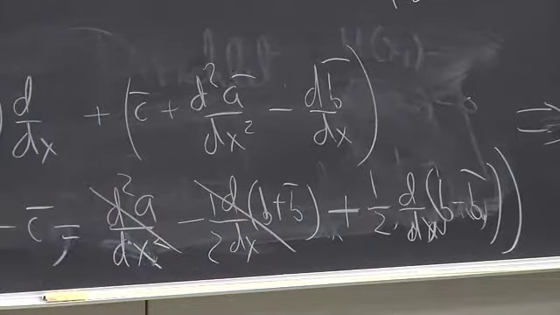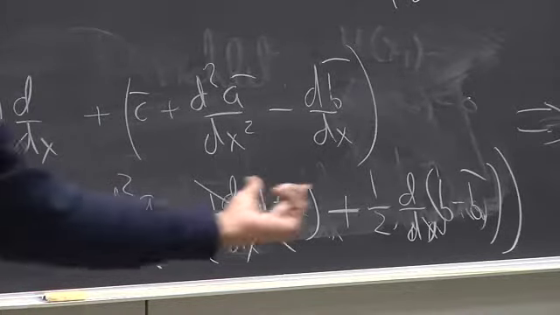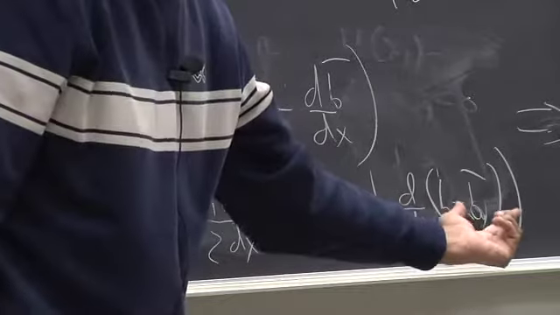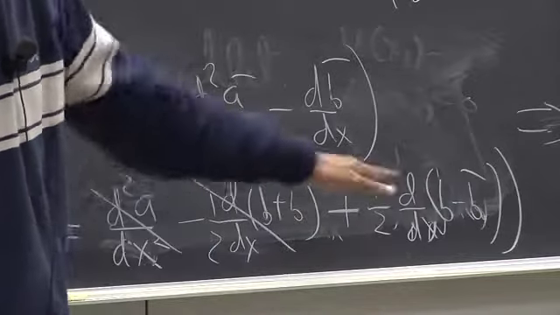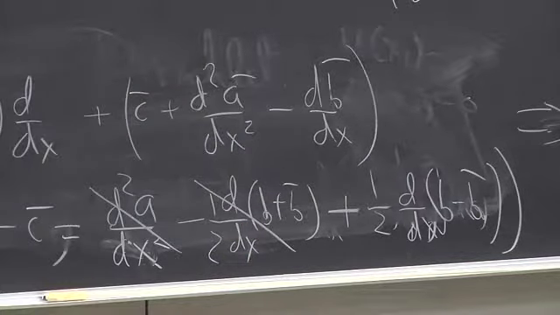And what you are left with is simply that the imaginary part of C is equal to half the derivative of the imaginary part of B. Again, it's consistent. So this is the only condition for this to hold. In particular, suppose B was also real.